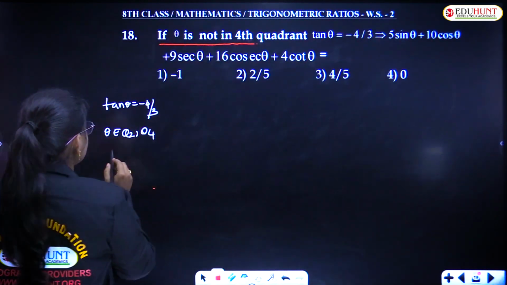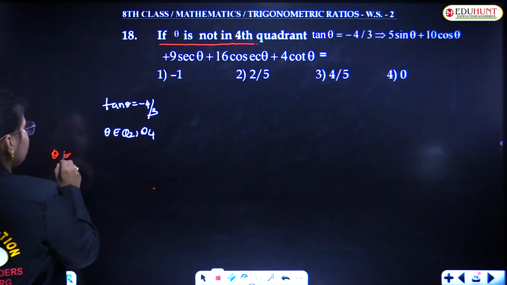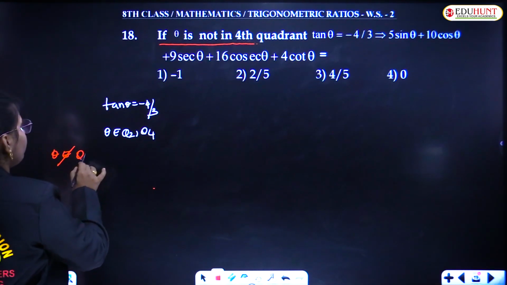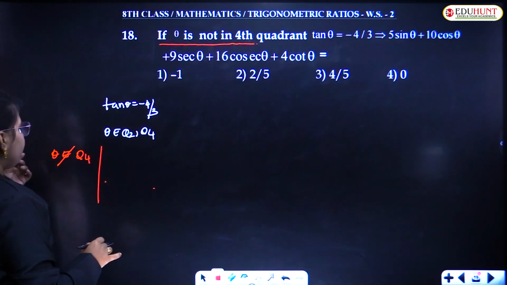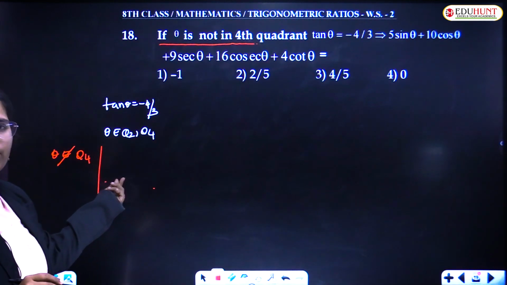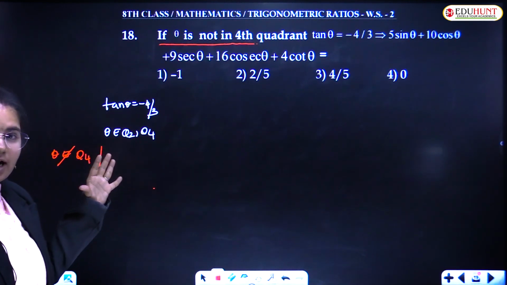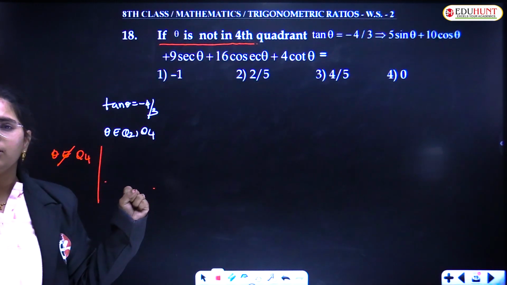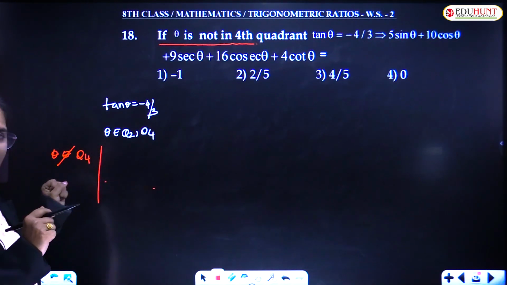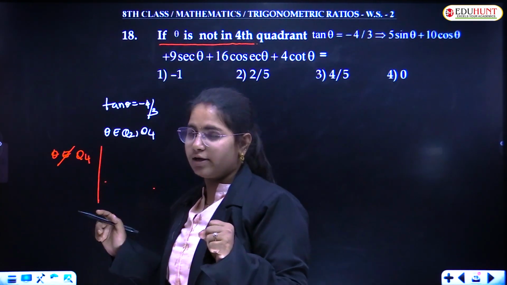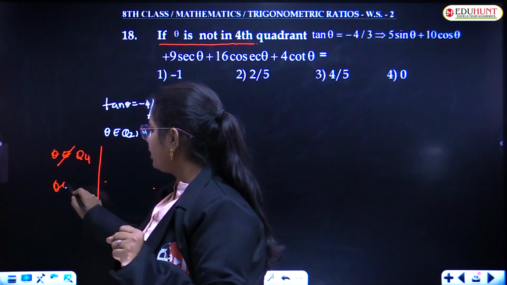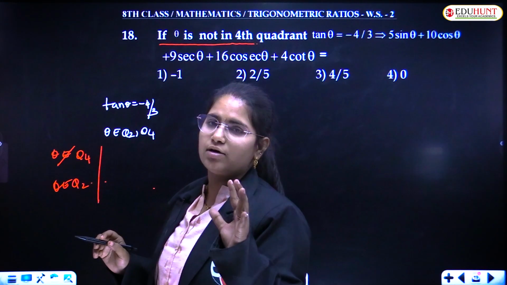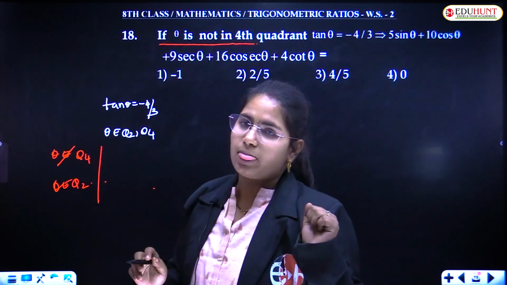So theta does not belong to the fourth quadrant, which means theta should lie in the second quadrant, correct? Up to here everything is clear? Very good. Next one.